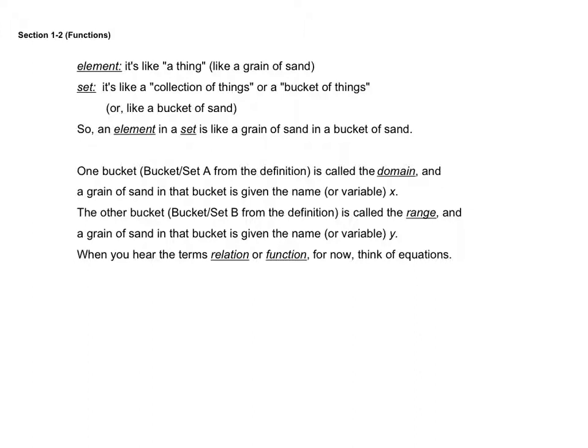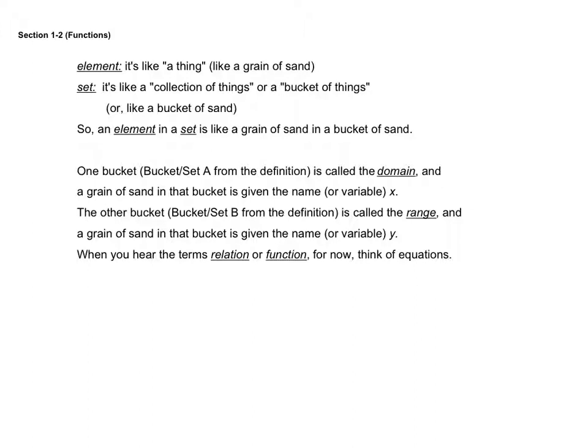So one bucket is called the domain, and a grain of sand in that bucket is given the name or variable x. The other bucket, set B from the definition, is called the range, and a grain of sand in that bucket is given the name or variable y.